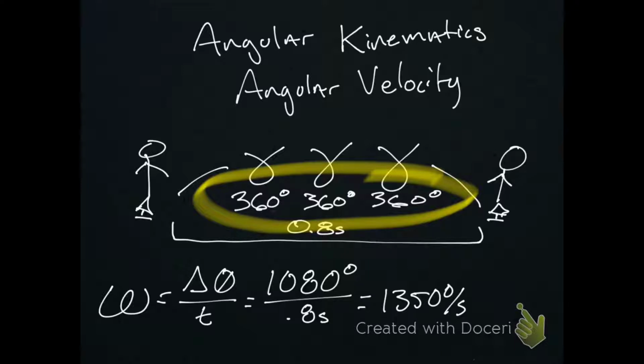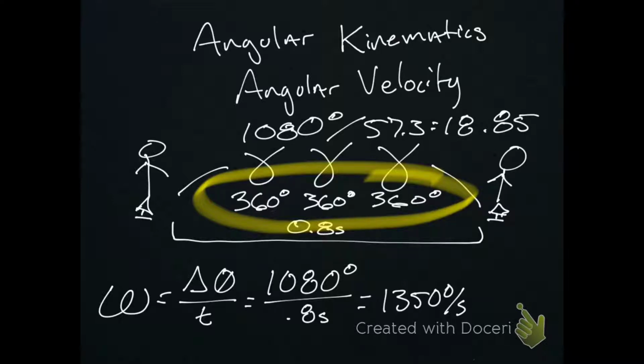And so let's say we were going to be doing this in radians. We would need to convert the degrees to radians. So we have 1,080 degrees divided by the 57.3 is going to equal 18.85 radians. If we go down here and replace our degrees with radians, we'll find out what this is in radians.